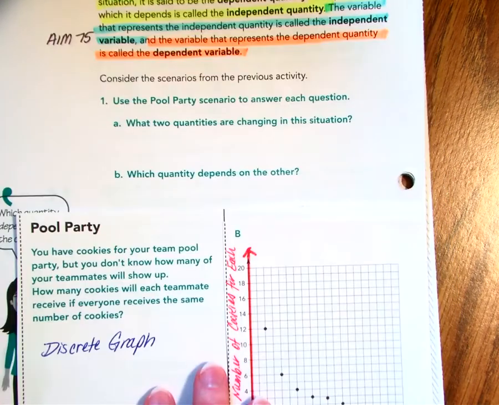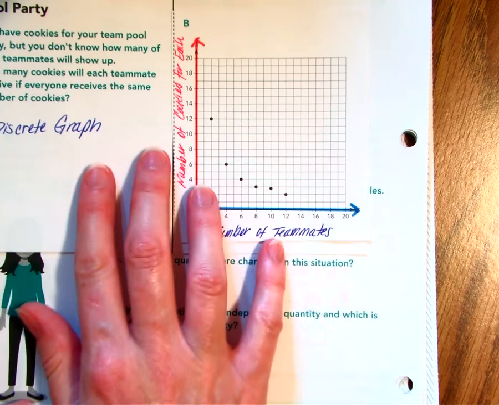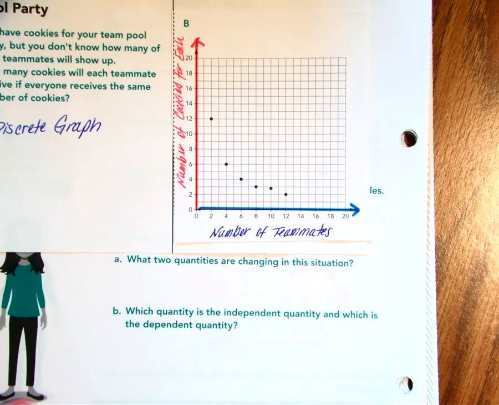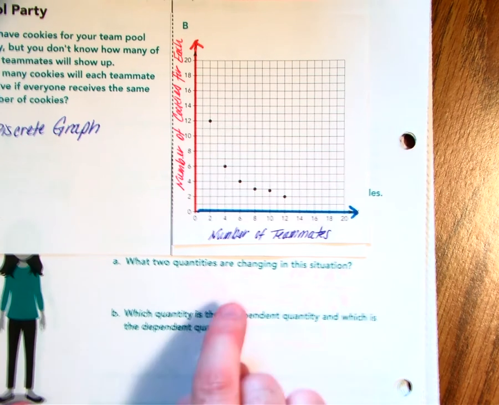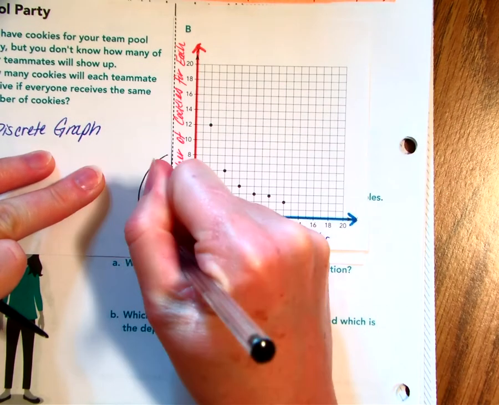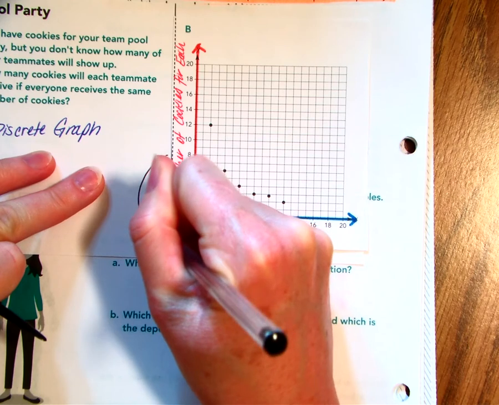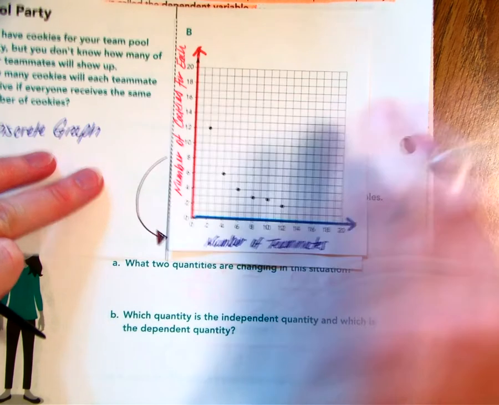Which quantity depends on the other? Which one is dependent? If you said the number of cookies for each teammate depends on the number of teammates who attend, you are correct. So this one depends on that one.